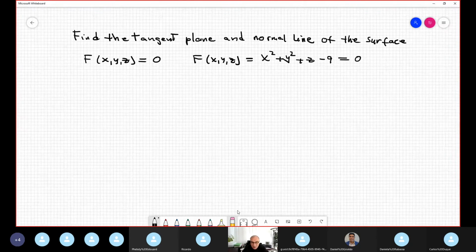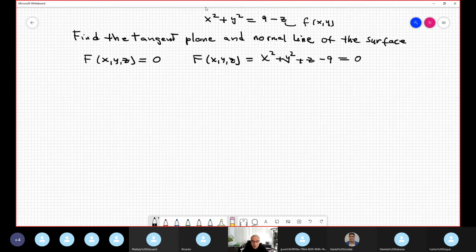Okay, no problema. Suppose it's given in that way: x squared plus y squared is equal 9 minus z. So you move this guy to the right hand side. And z you suppose is always f of x, y, but little f, not capital. Then you move everything to the left, right hand side should be 0, and this is implicit, and so you are ready to apply the gradient in 3D.